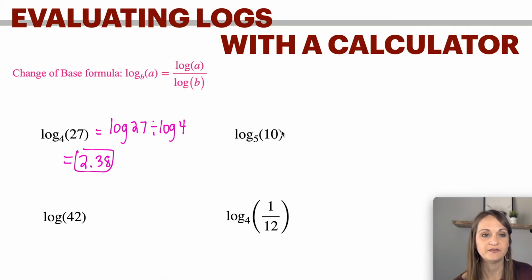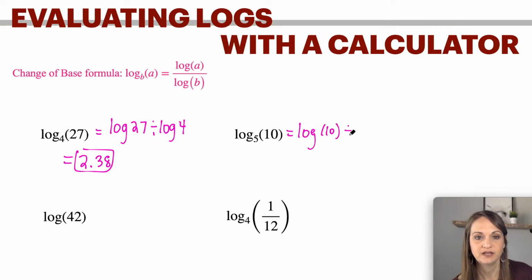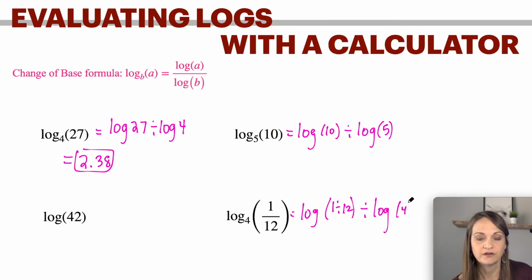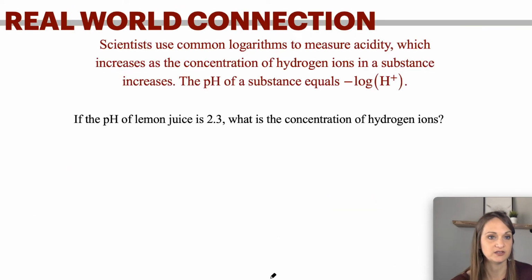Log base 5 of 10, in your calculator, you would type in log of 10 divided by log of 5. Just make sure you close the parentheses. Same thing here, you would do log of parentheses 1 divided by 12 divided by log of 4. So you can actually put all these into the calculator in order to find your answer.